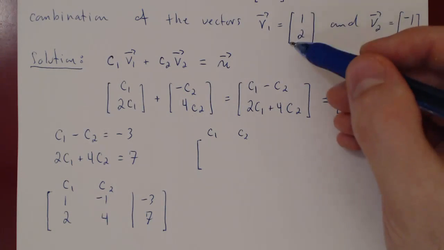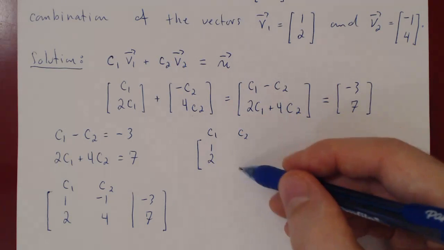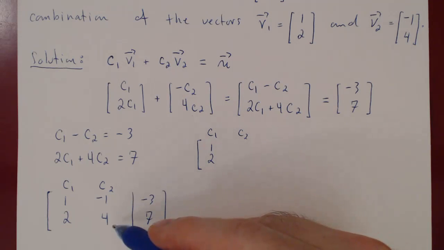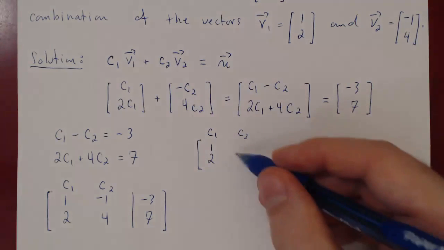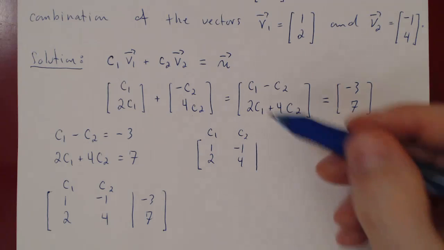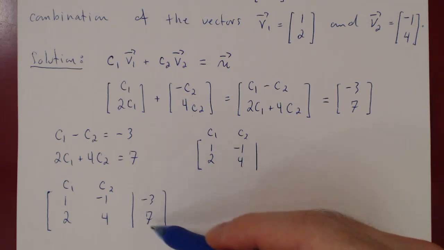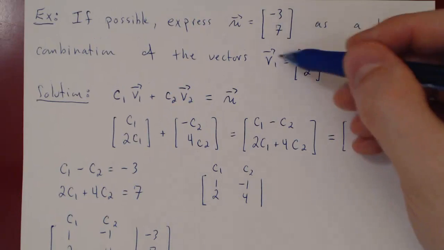If you go up, v1 was 1, 2. The second column of our matrix was -1, 4, which indeed is v2. So C2 v2, -1, 4, being equal to the constants -3, 7, and these are the coordinates of vector u.